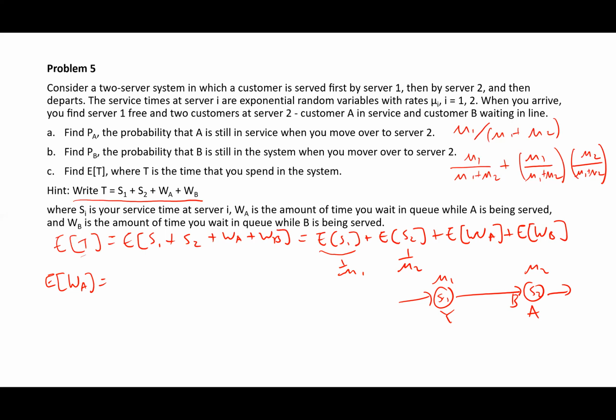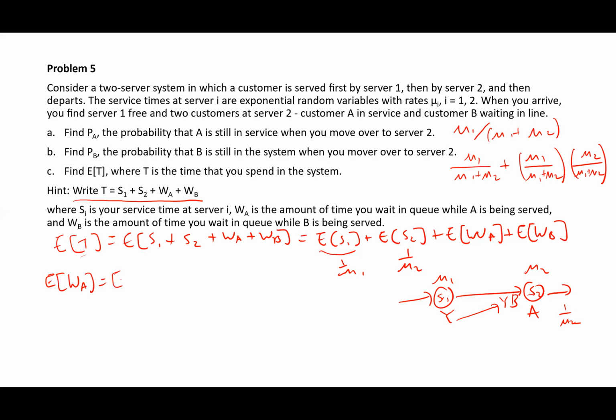Whatever waiting I do for A, it's with respect to server 2, right? For example, let's say I finish before A and I walk over and get behind B in line. Right at that instant, the expected time for A to finish at that server will be 1 over mu2. So this is the amount of waiting I do for A, because A will be getting service at server 2. It's the same logic here, you just apply that logic.